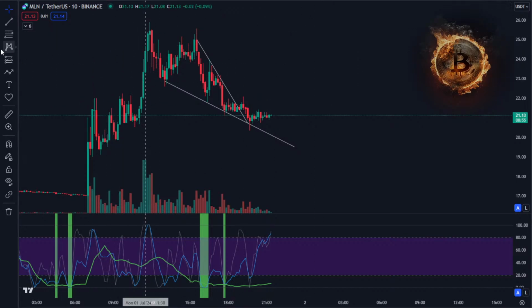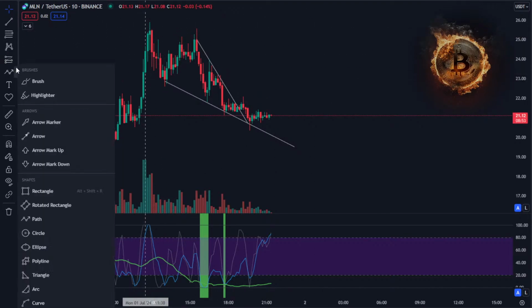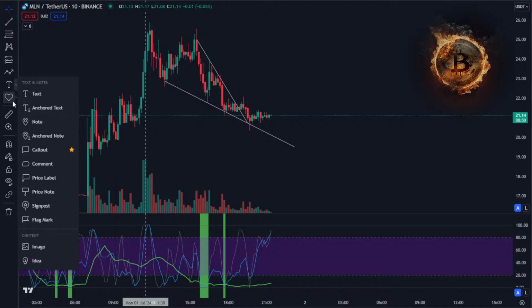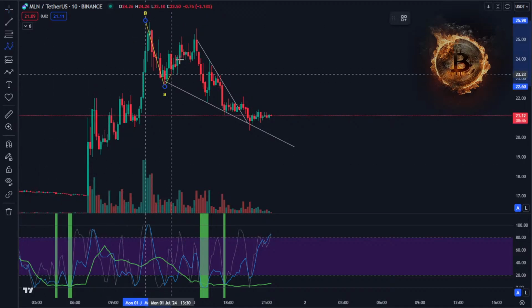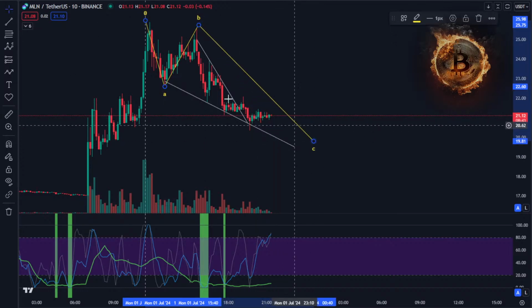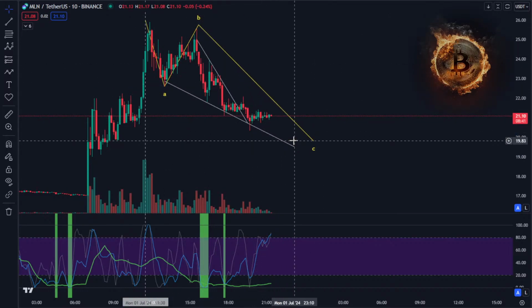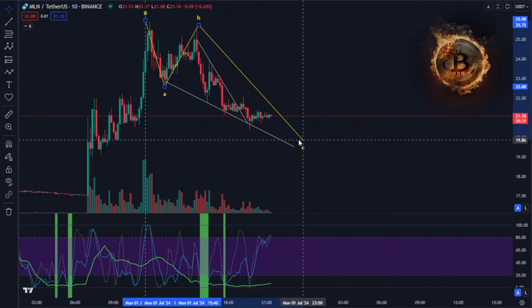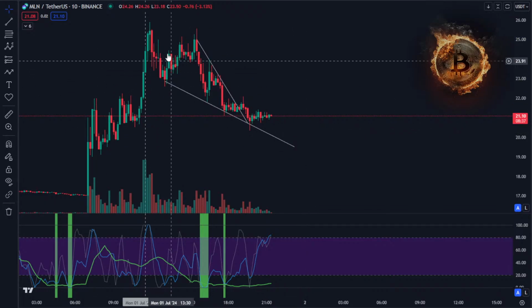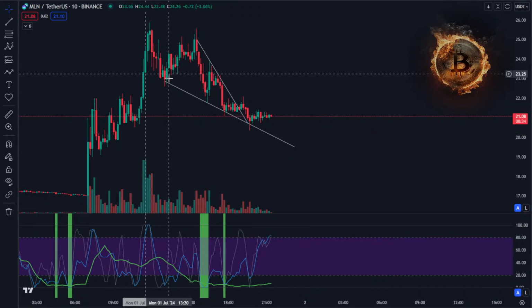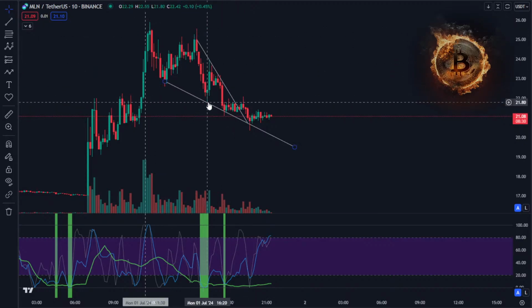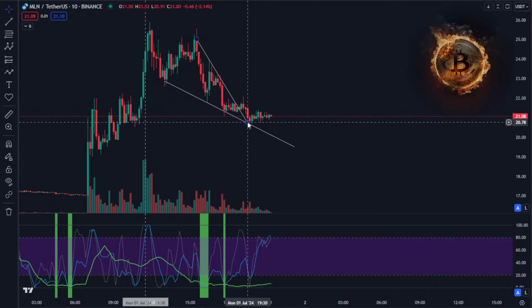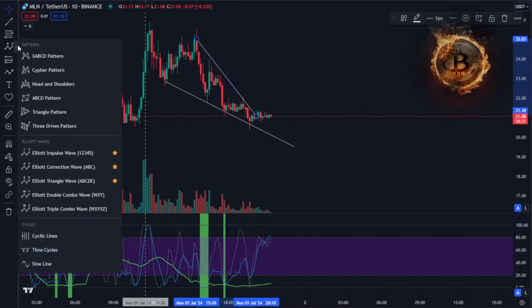And if you would want to count this, there's several ways to count this as a correction in terms of Elliott waves. You could either just call this an A, B, and then C: 1, 2, 3, 4, and then somewhere here is a 5. Or you could consider this something like an extended A, maybe.